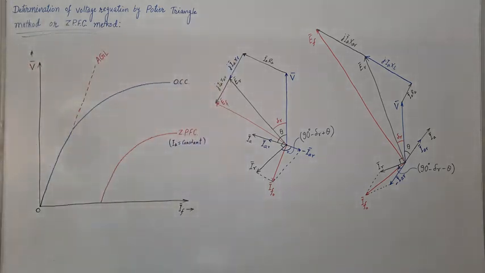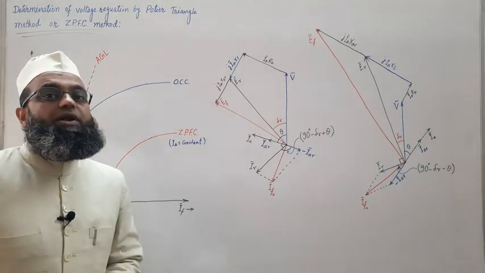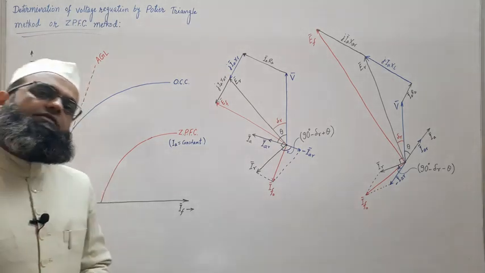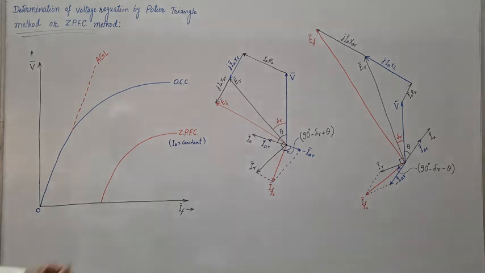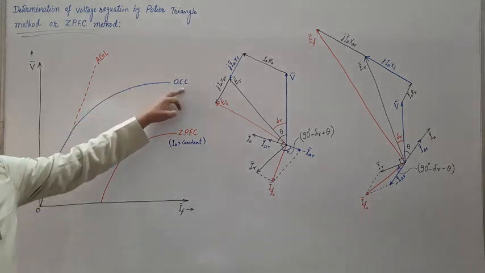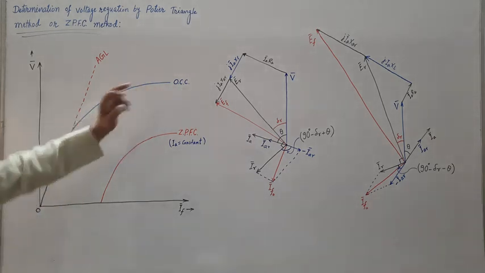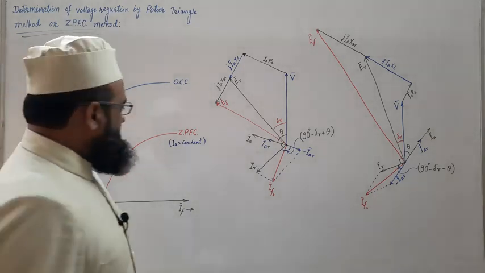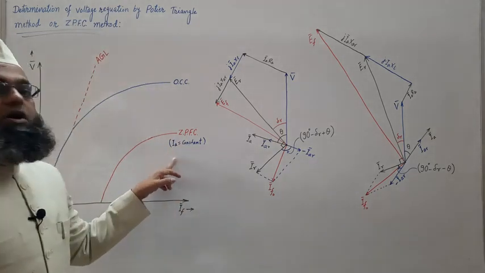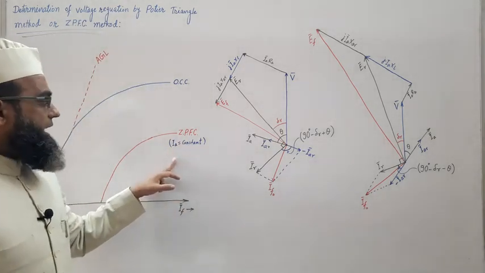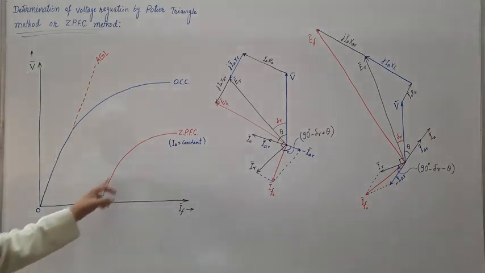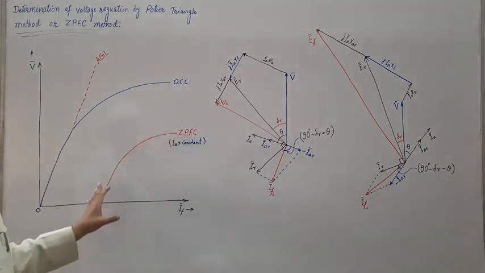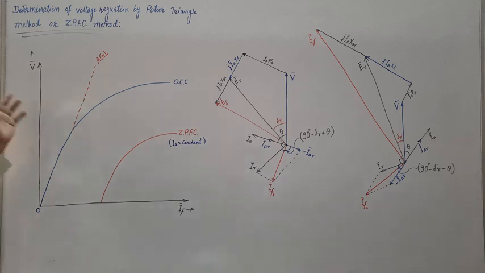First, step number 1, perform the open circuit test of an alternator, already discussed in previous lectures, and draw the corresponding OCC as shown. Step number 2, perform the zero power factor test and draw the ZPFC on the same axis.